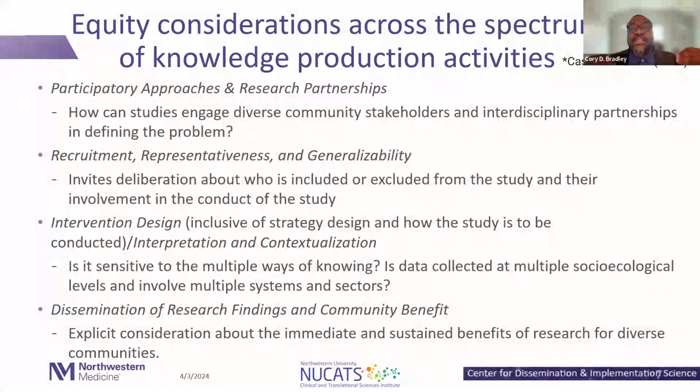And finally, to not be forgotten, the D of the D&I, right? The dissemination of those research findings and establishing what is the anticipated and actual community benefit. So we consider and explicitly determine those kinds of considerations.